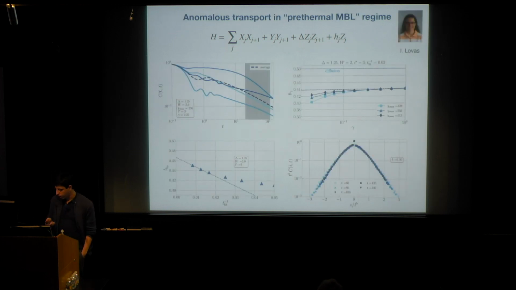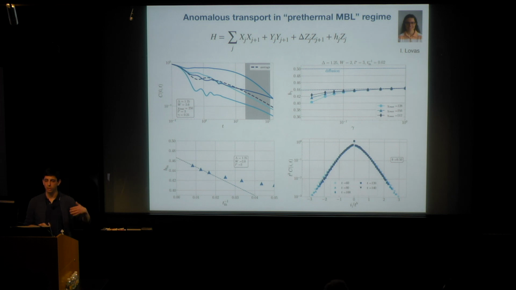And another interesting problem that we looked at a bit is another version of the same XXZ model, where instead of a staggered potential, you had a random potential. This is a model that people have looked at a lot in the context of many-body localization. And it's known that there are all sorts of interesting features as you turn on the strength of disorder, W, from 0 to infinity.